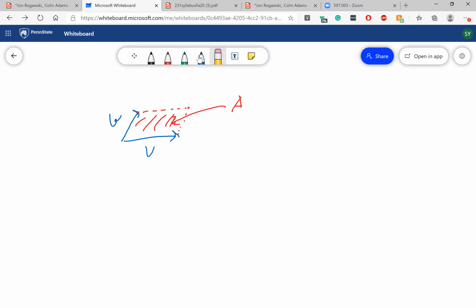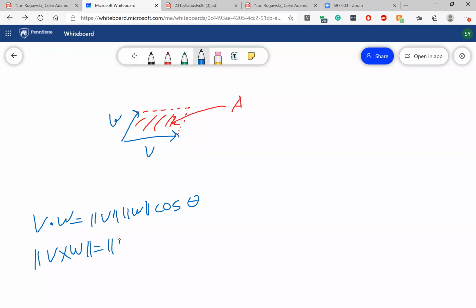So like I said before, the 2 very important equations for dot product and cross products are, so for the dot product, it's V dot W is equal to the magnitude of V times the magnitude of W times cosine of the angle between V and W. And for the cross product, it's the magnitude of V cross W is equal to the magnitude of V times the magnitude of W times sine of the angle between them.